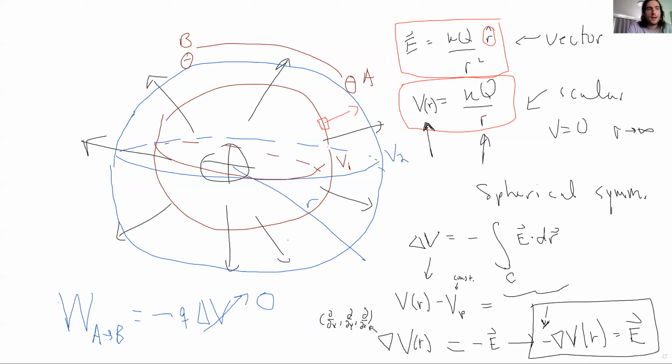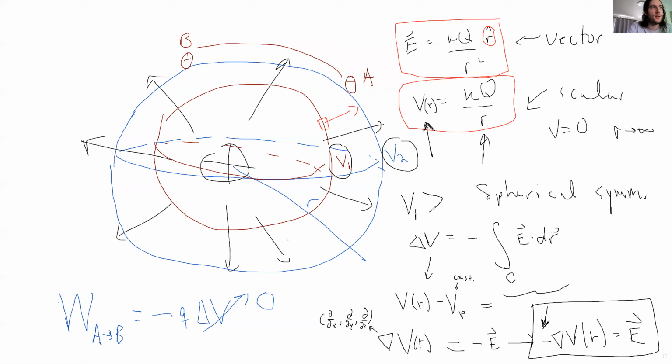The gradient operator is basically derivatives, and minus the derivative of something is minus the change of that thing. So what this says is that the direction of the electric field is opposite to the increase in electric potential.